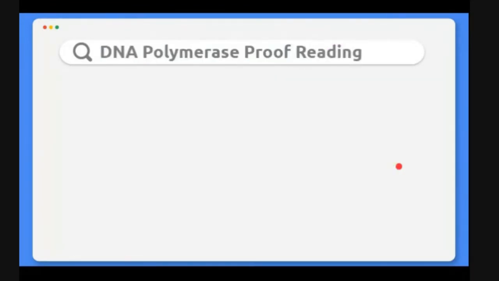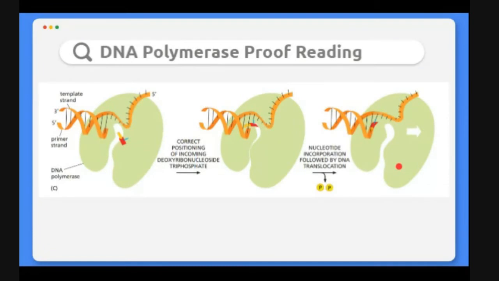Okay, yun lang yun. So now, 'di ba sinabi ko, merong proofreading mechanism yung DNA polymerase. So ito, nakita niyo na 'tong figure na 'to, right? And again, DNA polymerase, what it does is that it adds new nucleotides to the growing DNA strand, right? But it also has a proofreading mechanism. So how? If the correct deoxyribonucleoside triphosphate is added, it will tighten its grip. So for example, yung base mo dito ay adenine and yung parating na dNTP ay thymine.